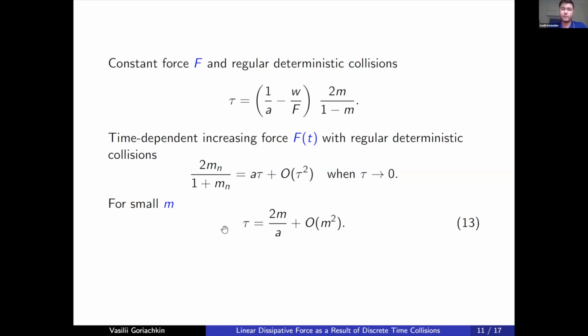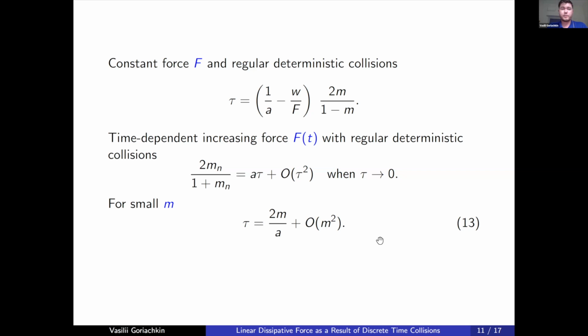For small masses M, we have this equation, which works both for deterministic collisions and for random collisions. For random ones, I should take the expectation here. But we have the same equality for both models: tau should be 2m over a.